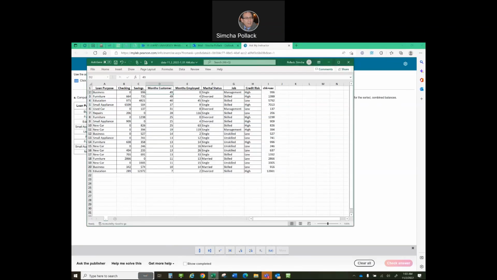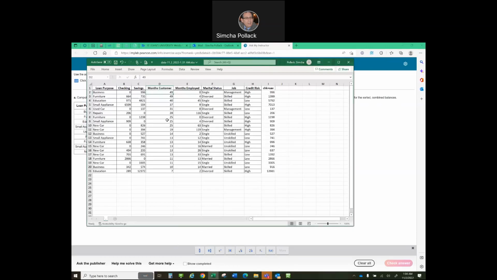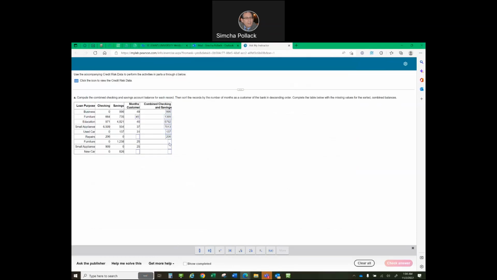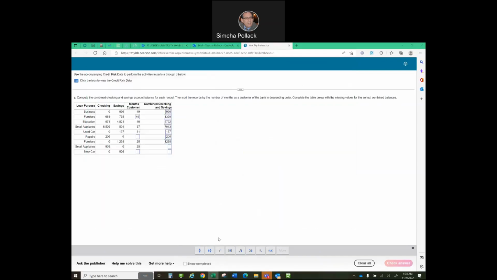Repairs, I think I just saw 206. Furniture, that's what we had already. Another furniture store, I guess. 1238. Small appliance, 909 and 826.